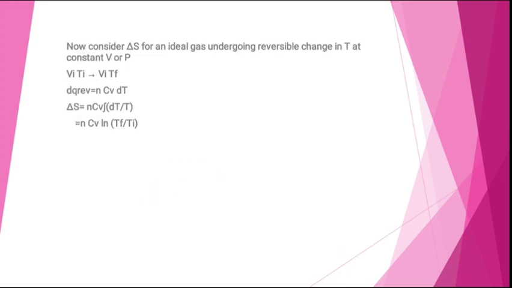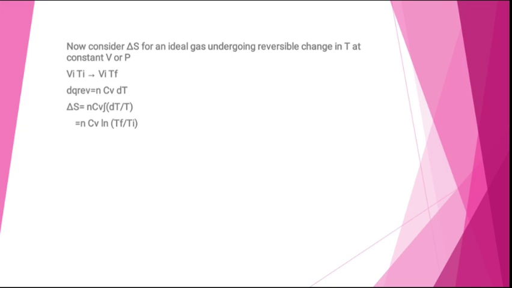Now consider delta S for an ideal gas which undergoes a reversible change in temperature T at constant volume or constant pressure. So one thing will be constant, either pressure or volume. The system changes from Vi, Ti to Vi, Tf. Volume remains constant and only temperature is changing, Ti to Tf. Volume is as it is, Vi.